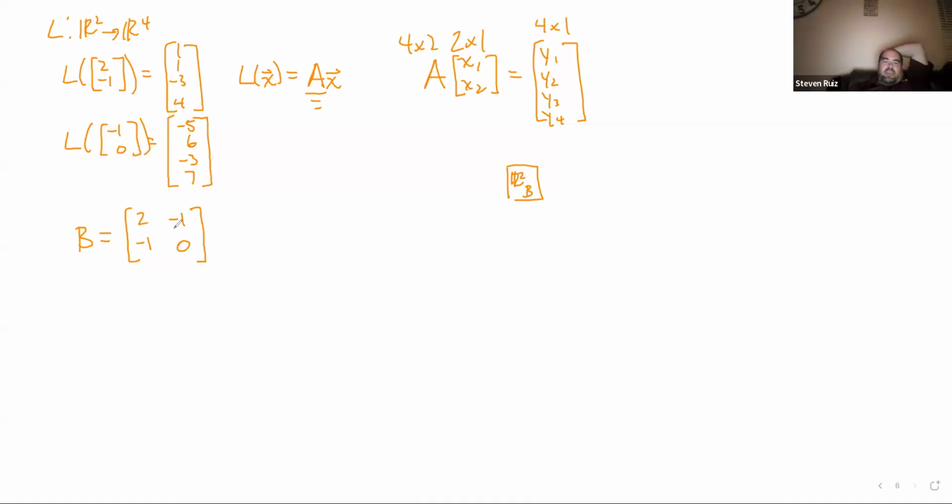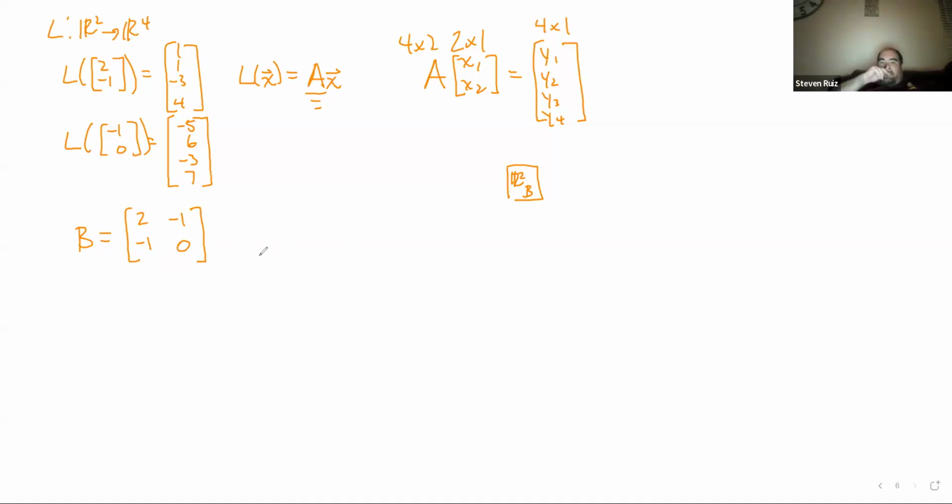So my basis B is this. Another way to look at it is that this is the matrix I get from stitching together these 2 inputs.